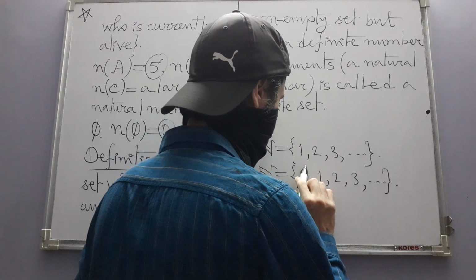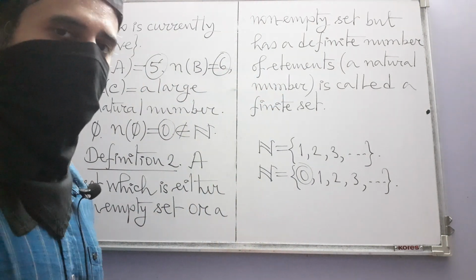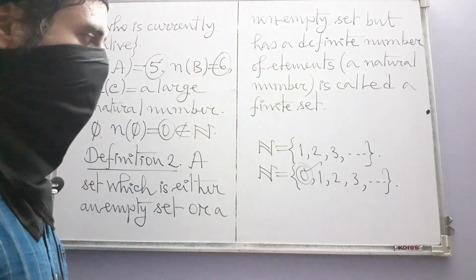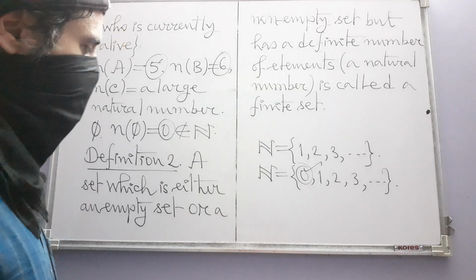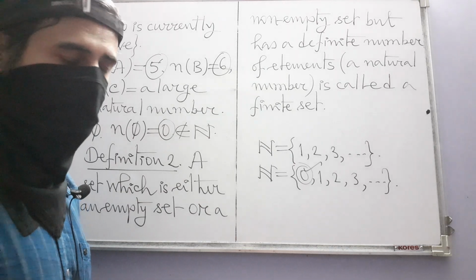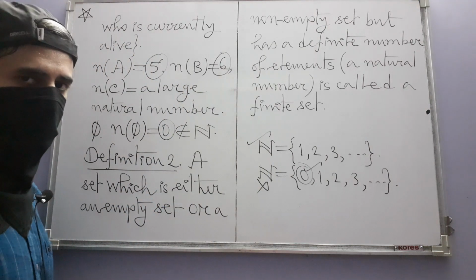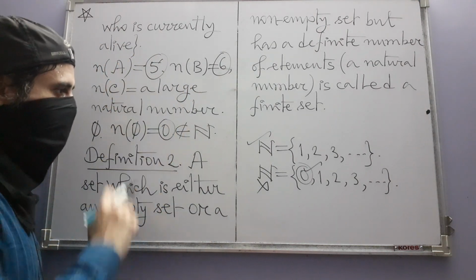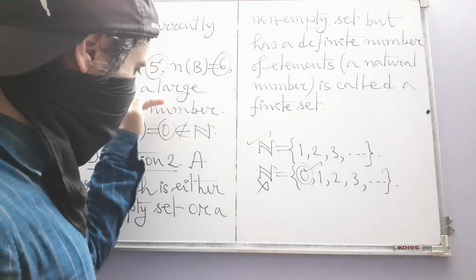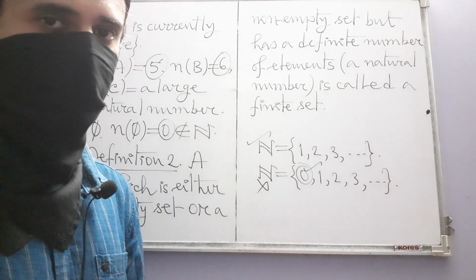We have decided to not call 0 a natural number. But if you do decide to call 0 a natural number, that is also okay. That is not a mistake. But you have to make sure which one of these two meanings you are considering. For us, this is not what N is. This is what N is. However, from this definition, you can see that perhaps if we decided to use this N, at least there would have been a uniformity in defining finite sets. Okay, just a thought.